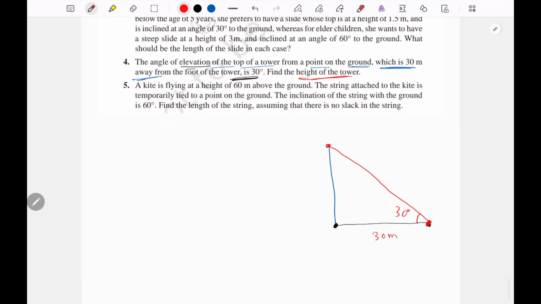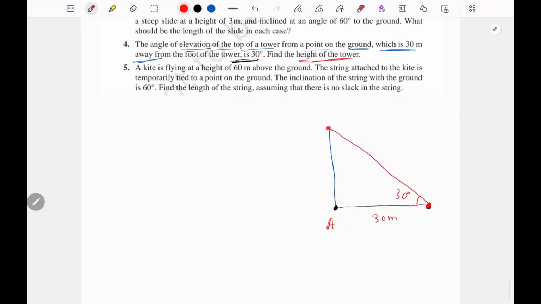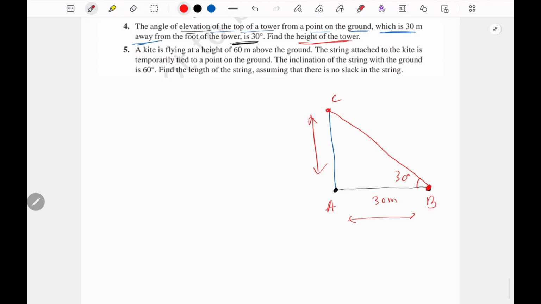So let's name this triangle as A, B and C. We are given the length of AB. Now we need to find the length of AC. If you take this angle, then we know this will be our base, the opposite side of this angle will be our perpendicular, and this will be our hypotenuse.